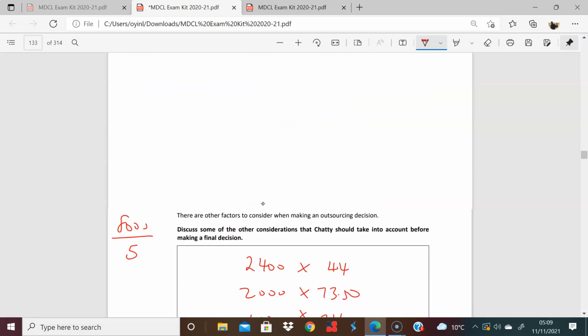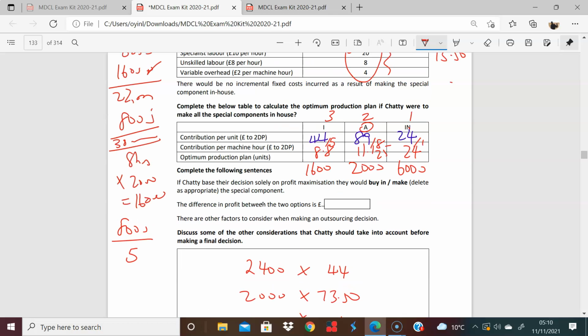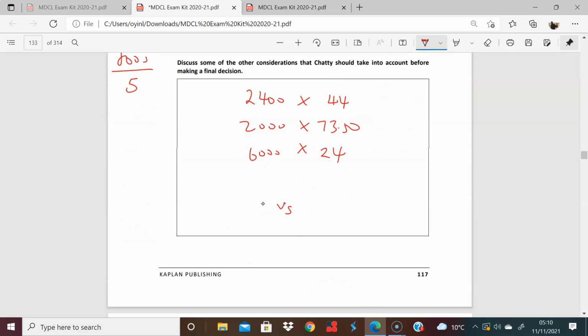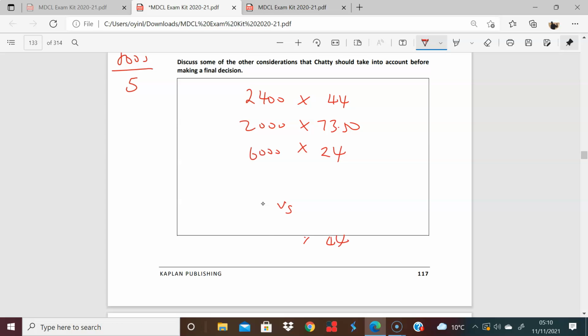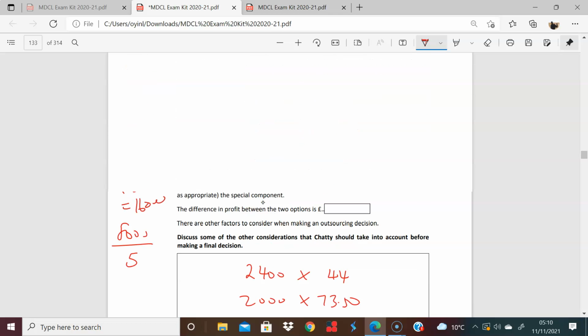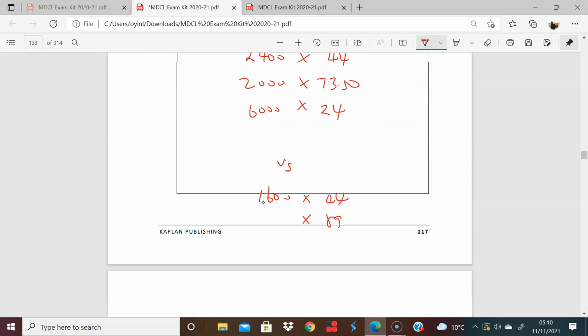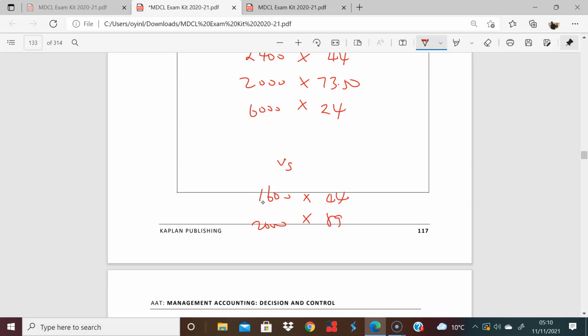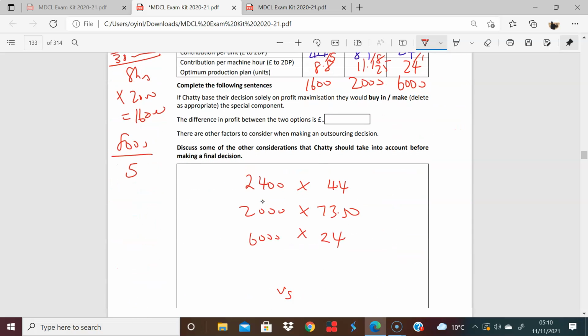Versus here, 44 times 1,600, 89 times 2,000, and 24 times 6,000.